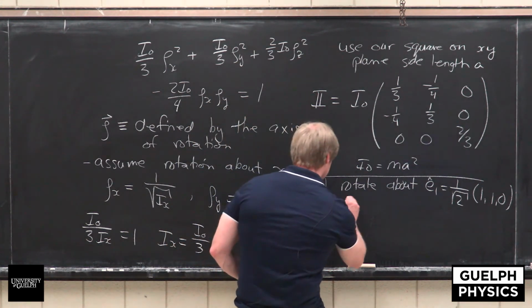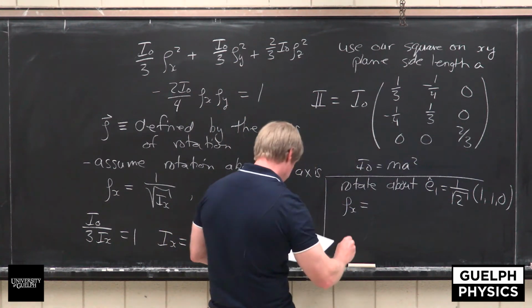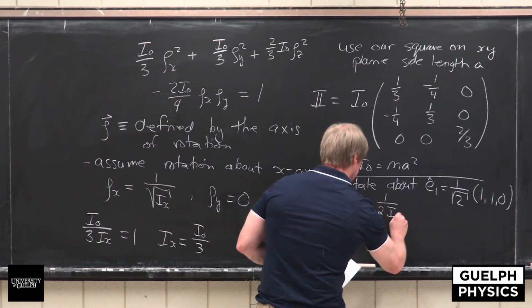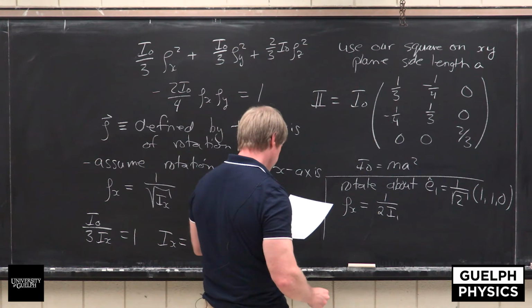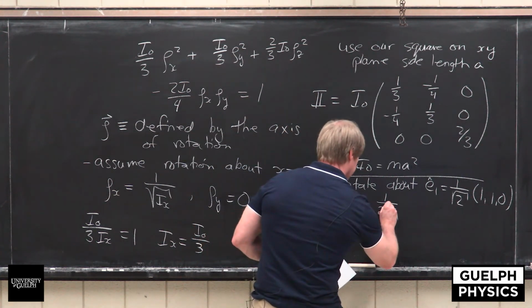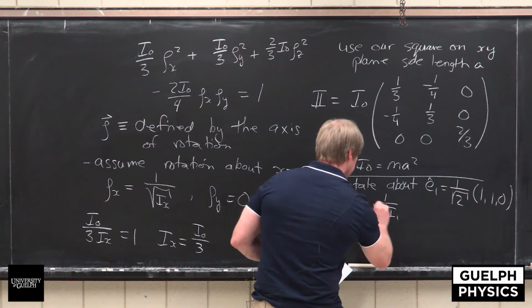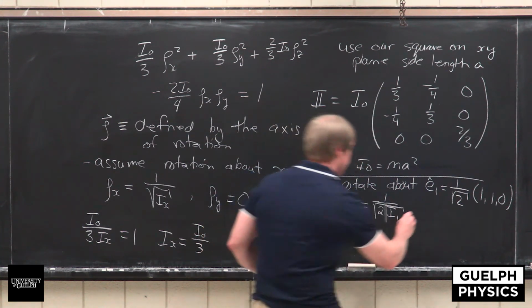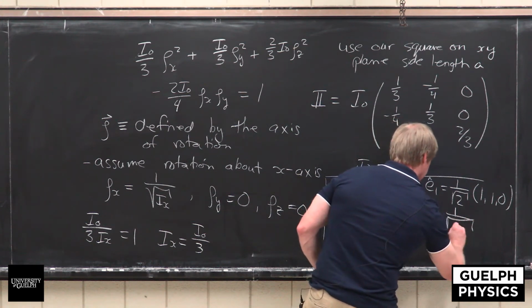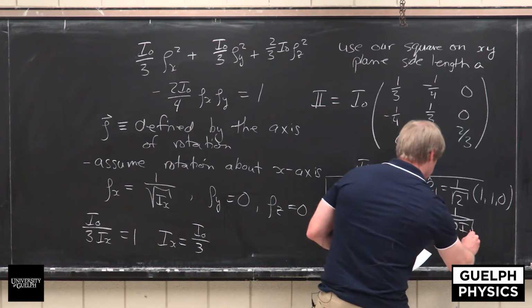And now rho x becomes 1 over root 2 I1, and that should be a square root here. And rho y becomes 1 over root 2 I1.